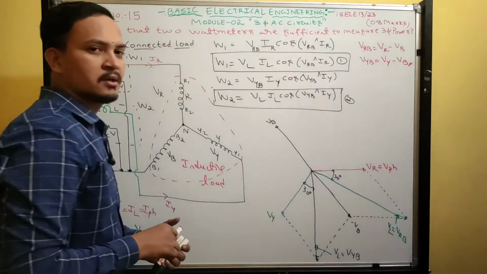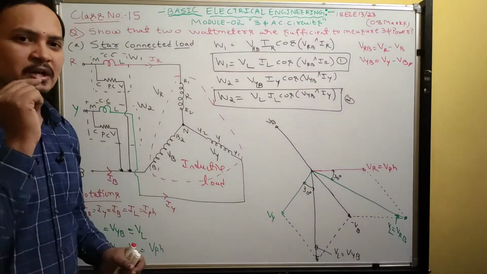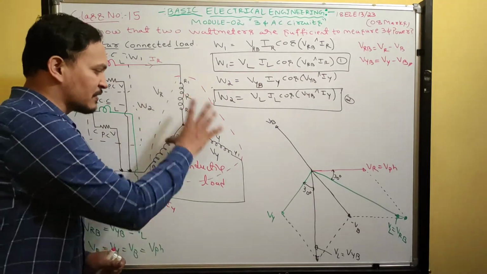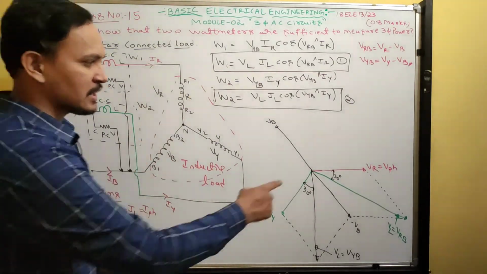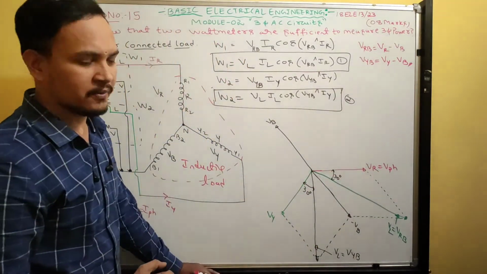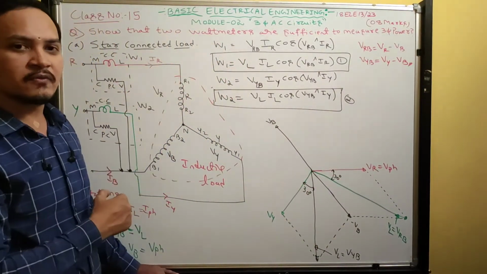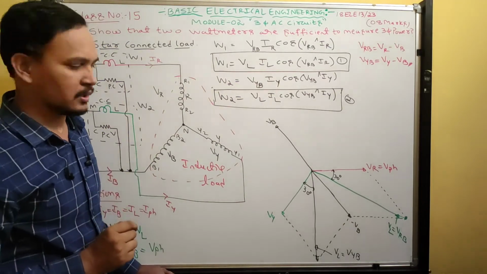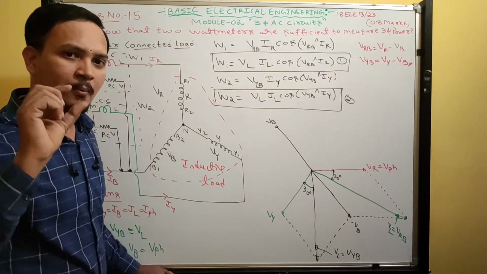Phase voltage. So with respect to phase voltage, you define phase current with respect to the load. What is our load? Inductive. What is the reference we have? Voltage. So with respect to voltage in R phase, the current flowing in R phase lags the voltage by some angle phi.